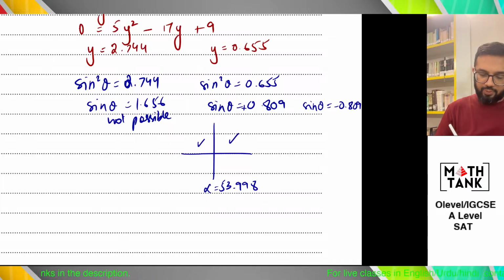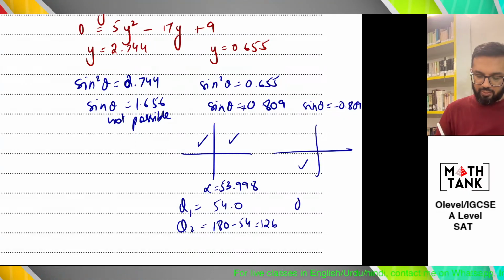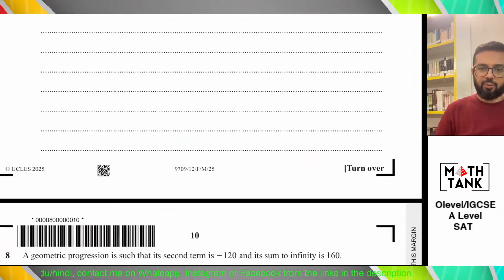So that's in the first quadrant and in the second quadrant, and that one's at the third quadrant. So quadrant 1 will be 53.998, basically 54. Quadrant 2 is going to be 180 minus 54. That is going to be 126. And quadrant 3 is going to be 180 plus 54, 234. Okay, that is that question.